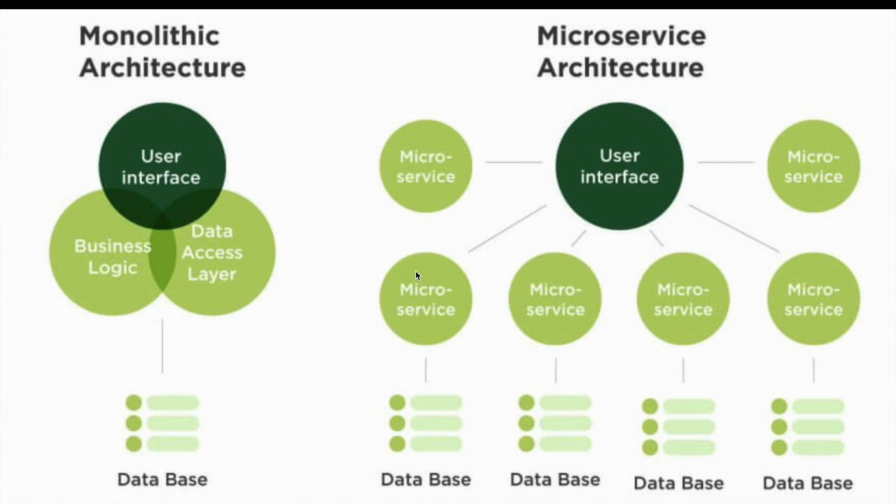Later we will understand everything. So for now this is the way to design microservice architecture, and previously we used to use this monolithic architecture. Now most of the companies like Netflix, Uber, even Google, Microsoft are using this microservices architecture.